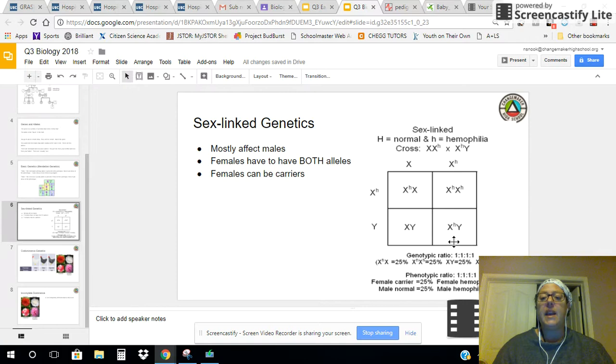But in this case, where the mother's carrier X that had the trait crossed with that Y, then you have a boy who automatically has the disease. Now, he automatically has it because he only has one X. And if that X is affected, he automatically gets the disease. That's very important to note.